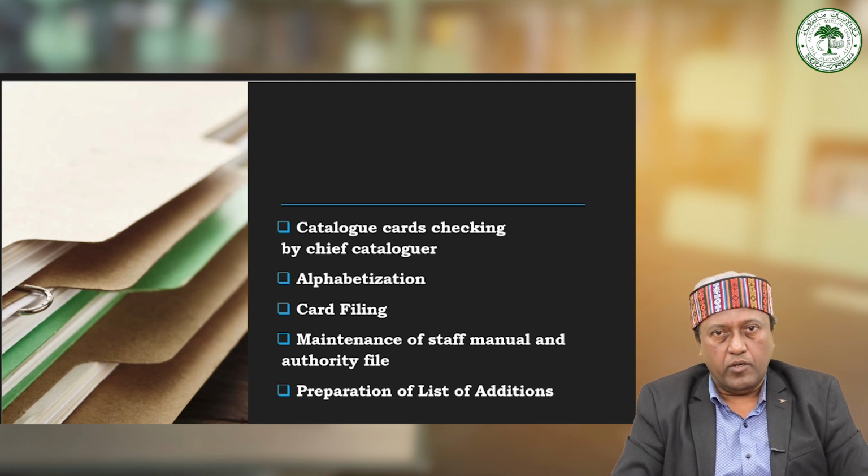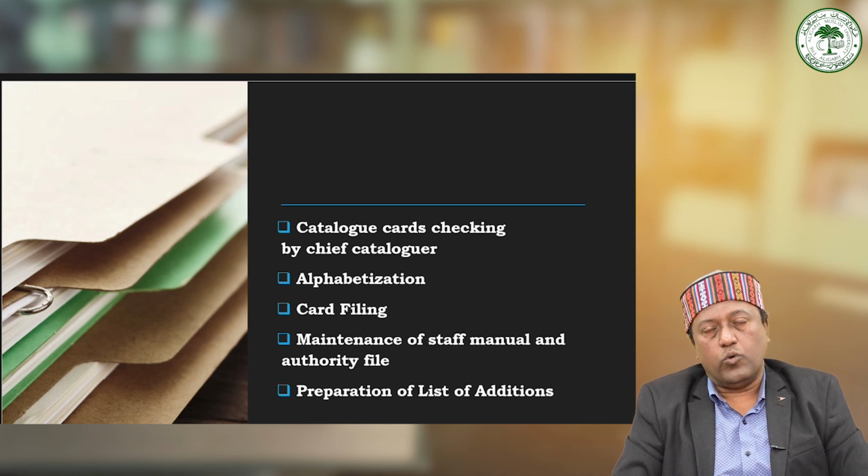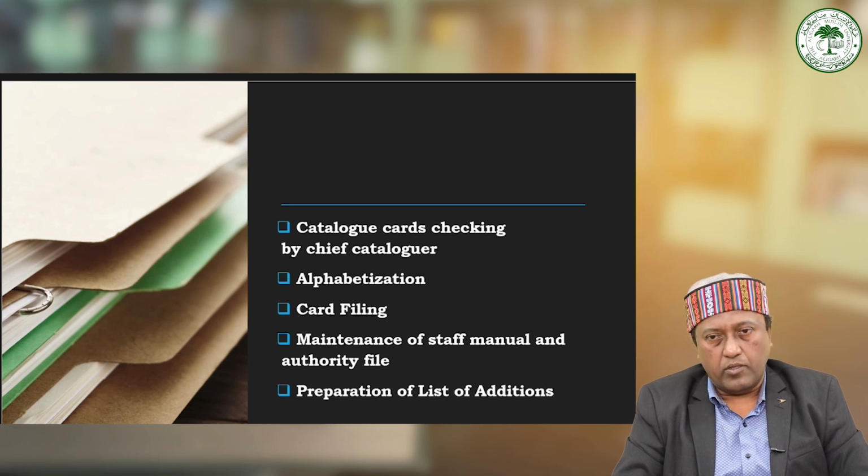So it is a must for the senior or chief cataloger to check each and everything so that no error passes on, because that can lead to more trouble. To avoid all those kinds of inconsistencies, it is important that all these things are meticulously checked.